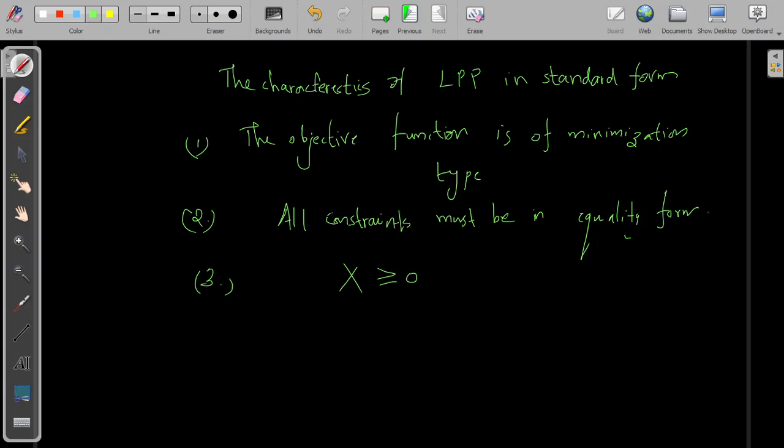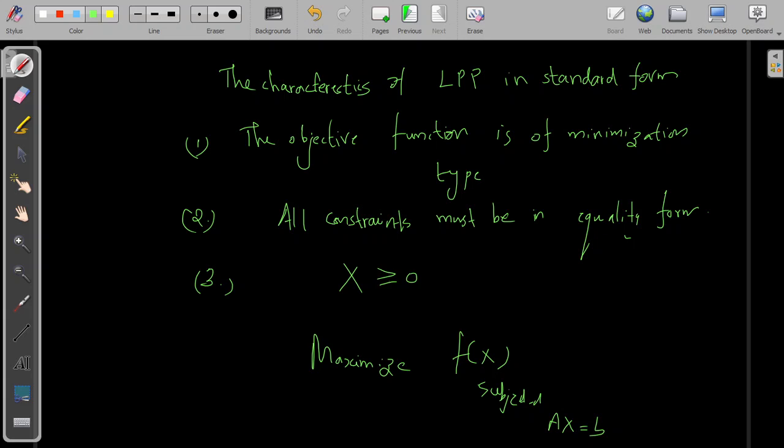So that means if the examiner asks you to maximize some objective function f of x subject to some constraints AX equal to b, then this is actually not in standard form of LPP.